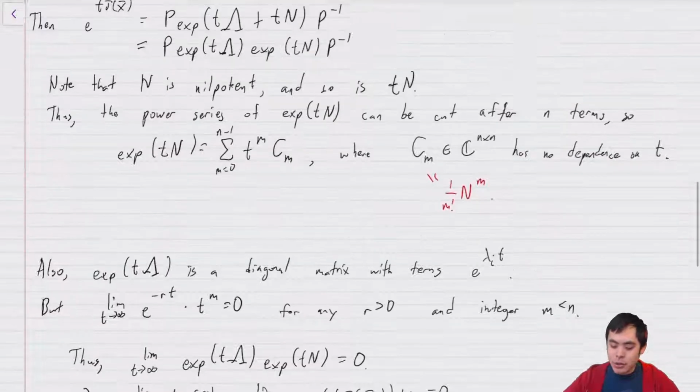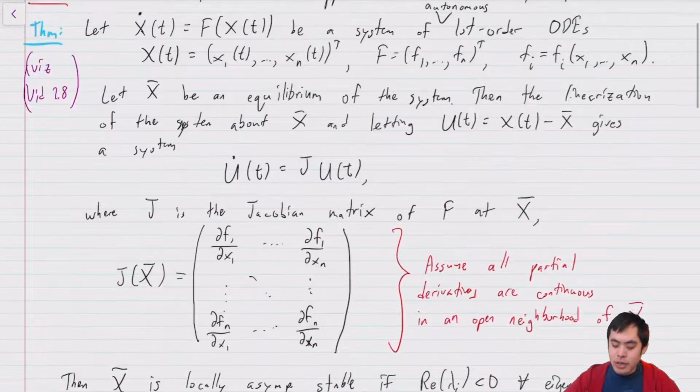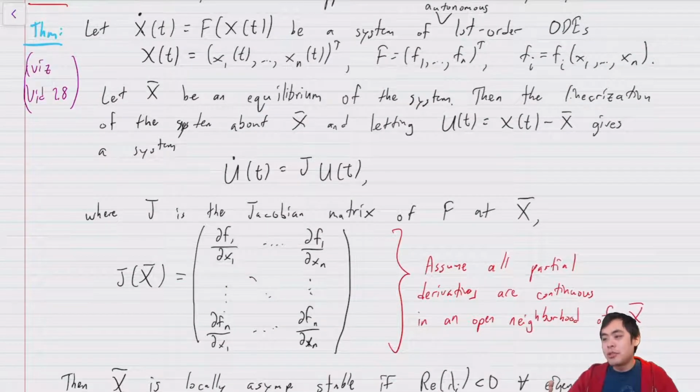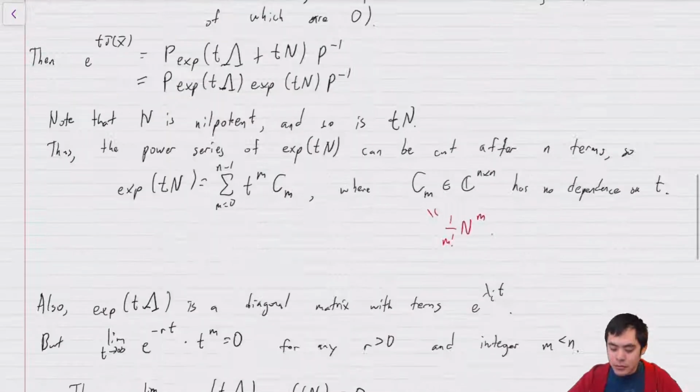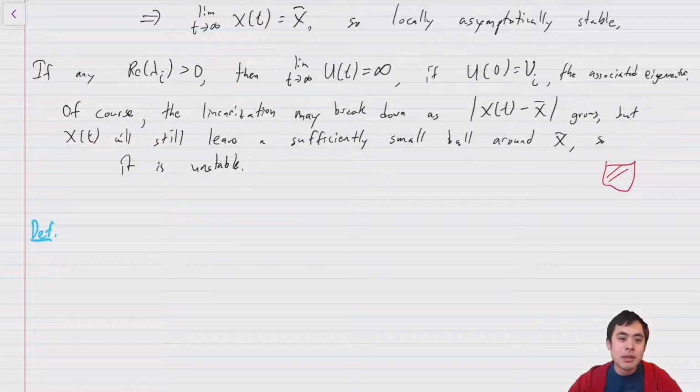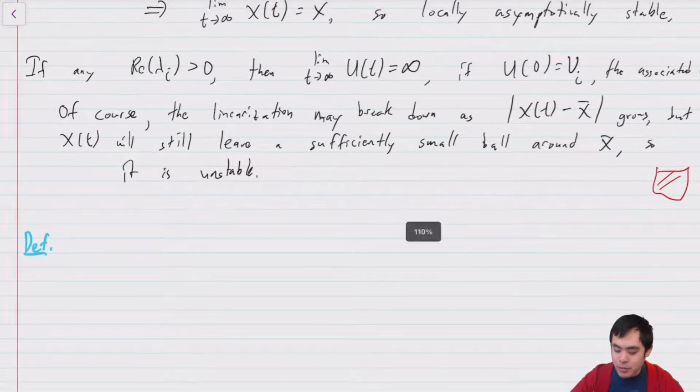Okay, so basically what we said there is that once you do the linearization, you just have to look at the eigenvalues of the Jacobian, so long as the eigenvalues don't have a 0 real part. And of course, this is a class of systems that we're going to give a fancy name to. We're going to call them hyperbolic or non-hyperbolic.